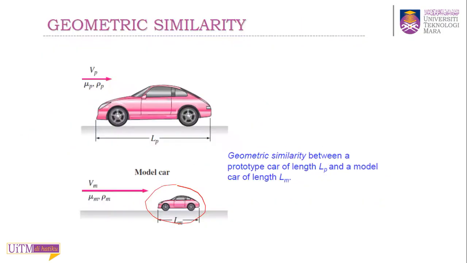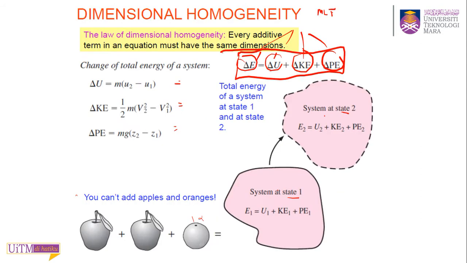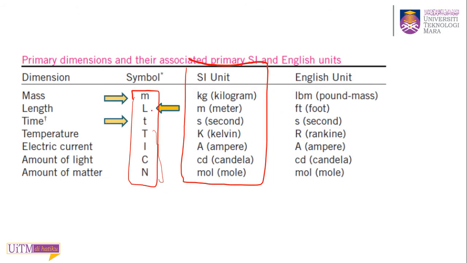Yes, these are the 7 primary dimensions: M, L, T, temperature, I, C, N. Normally the most common primary dimensions that we will see are MLT, the mass, the length, and the time. The other 4, temperature, electric current, amount of light, and amount of matter, are also primary dimensions, but they are not very common.